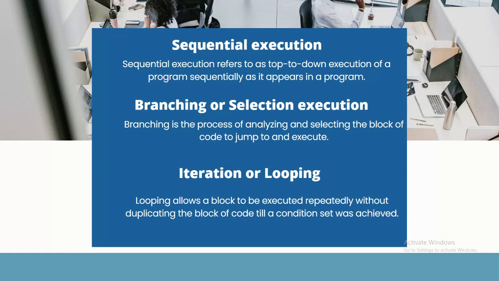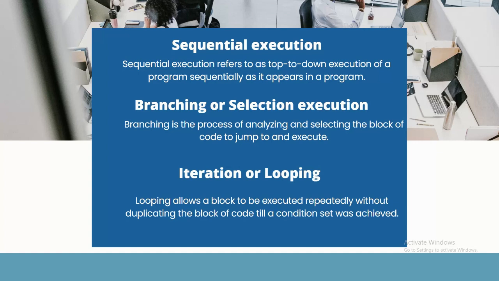Are you going to write 1000 lines of console.log just to display 1 to 1000? Of course, you're not going to do that. Instead, you're going to repeat the process of counting from 1 all the way to 1000. So that repetition, that continuous execution, is what we refer to as iteration or looping.